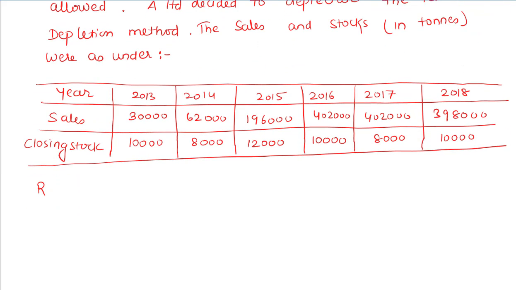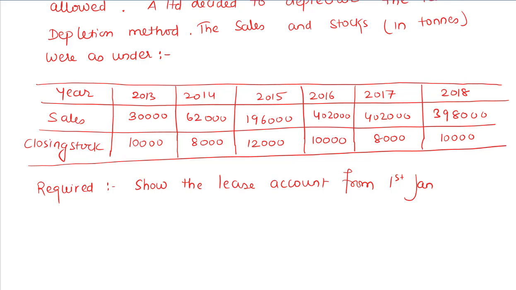What is required in the question? Required: show the lease account from 1st January 2013 to 31st December 2018, 6 years.